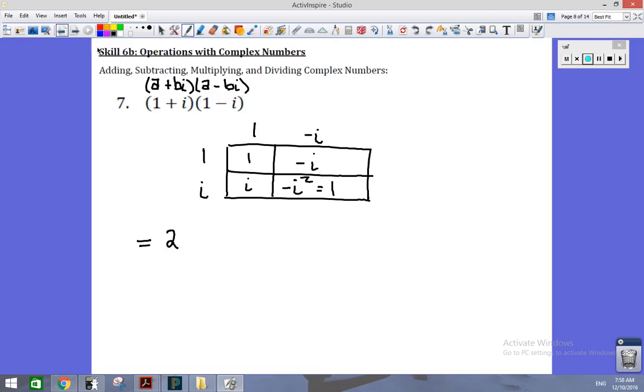So when I had this first problem, I could have looked at it and recognized that a was 1 and that b was 1 and that this is always going to be a squared plus b squared, and 1 squared plus 1 squared is 1 plus 1, and that is 2. We get the same answer.